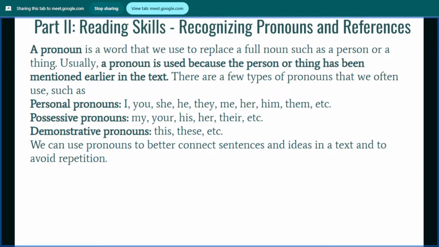Now when do we use these words? Who is used for a person, for a living thing. Which is used for non-living things, but sometimes it can be used for living things, but most of the times it is used for non-living things, the word which.